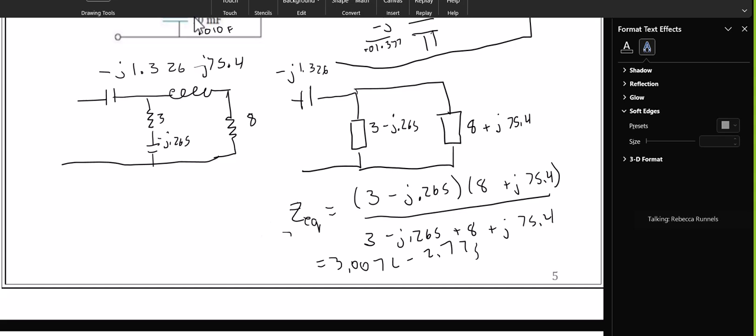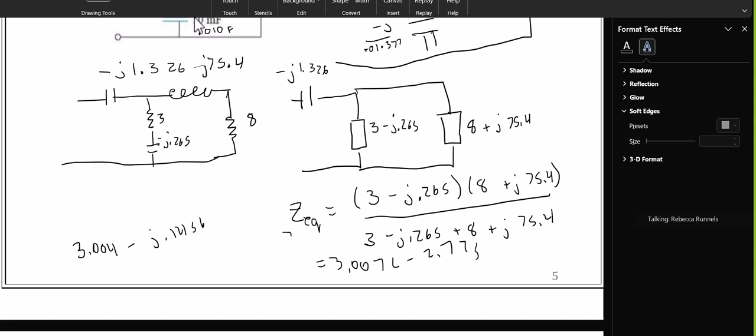As rectangular, that was 3.004 minus J 0.1456. So that is the equivalent impedance of the two in parallel.